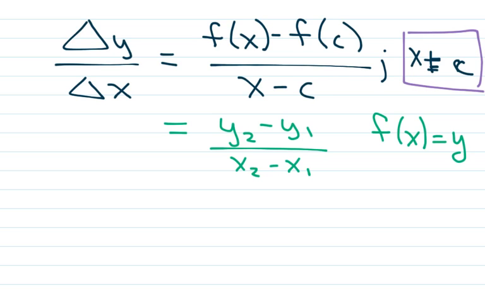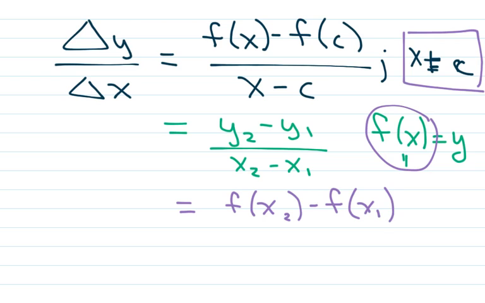This is just function notation for our y. So I'm going to rewrite this as f of x 2 minus f of x 1 over x sub 2 minus x sub 1.